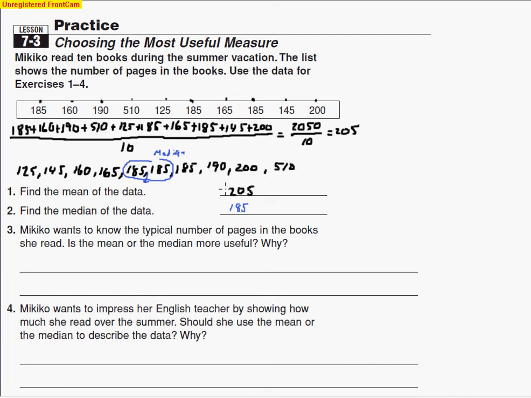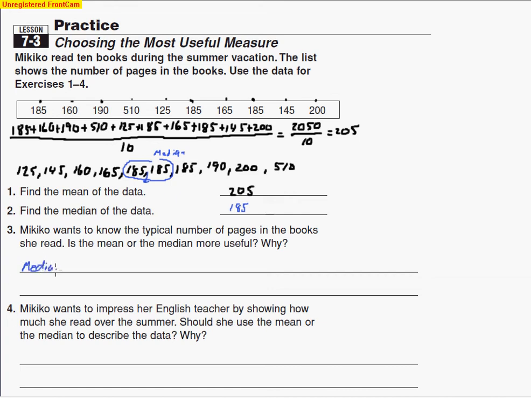So actually, this mean is bigger than all the numbers except for 1. And the median, well, 185, it's kind of typical of most of the pages that she read. About half were below 185, half were 185 or above. So it seems to me as though the median definitely would be the better one. So we'd want to use the median.